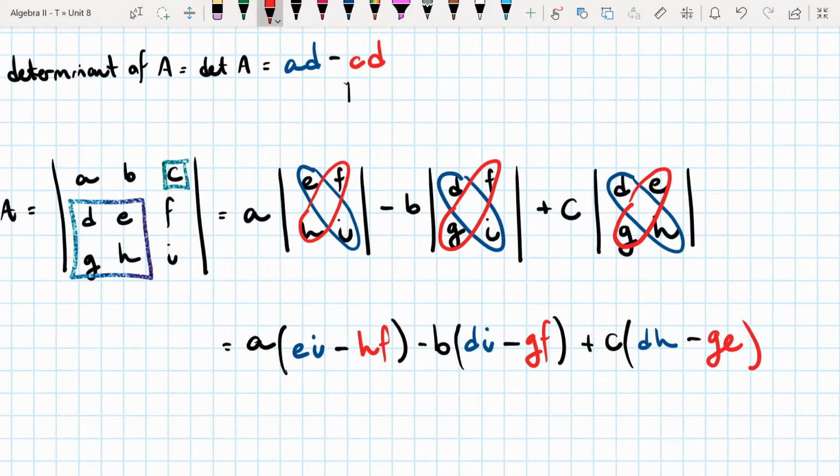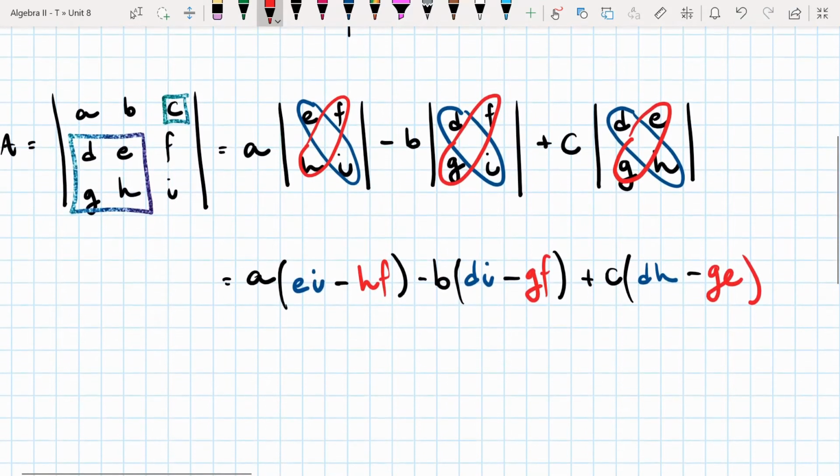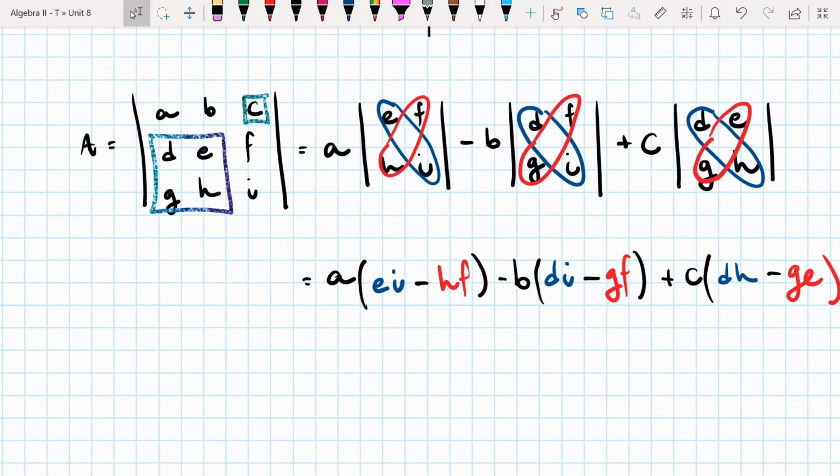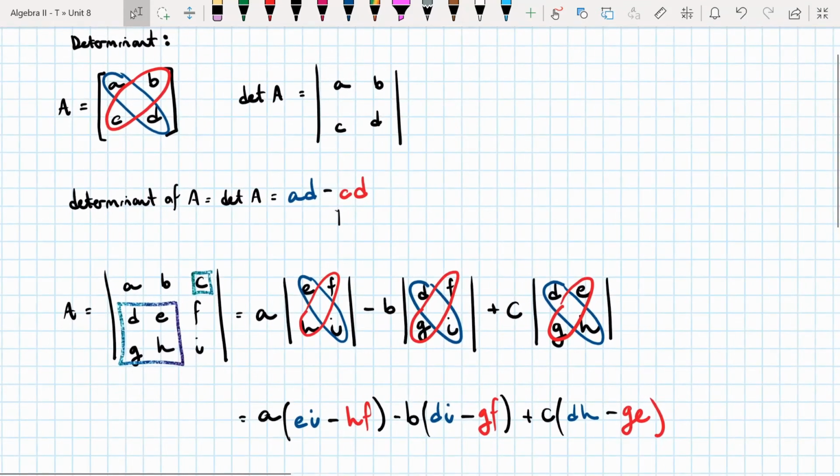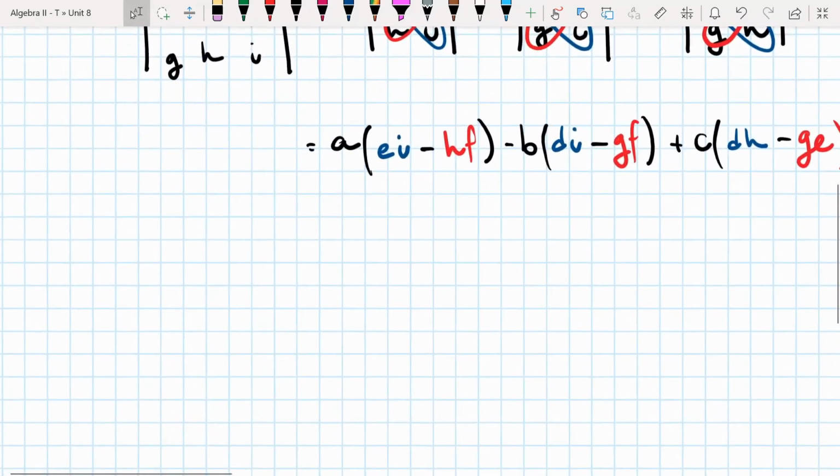So let's just leave it like that. I think it's a good enough spot that you can get an idea of how this works, and use this as a reference when we go through an example. This is going to be a number, and this is the determinant of a 3 by 3 matrix. So what does the determinant mean, and where can we apply this to answer some applicable questions associated with matrices?